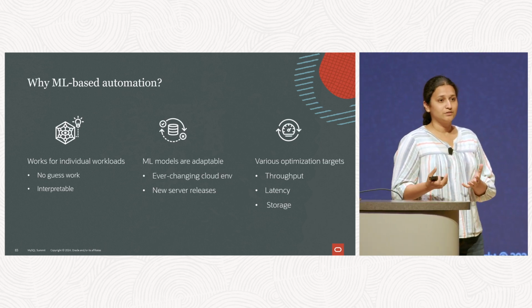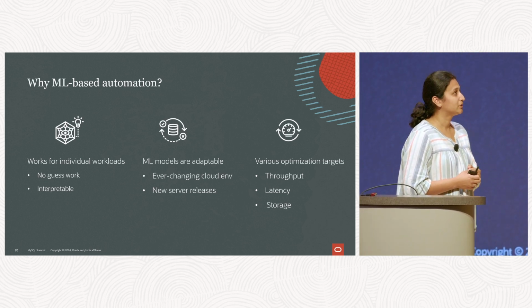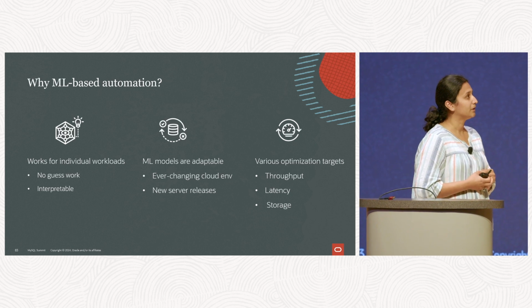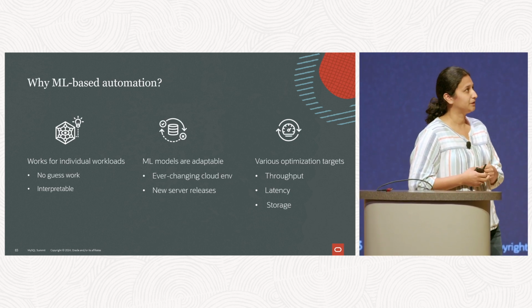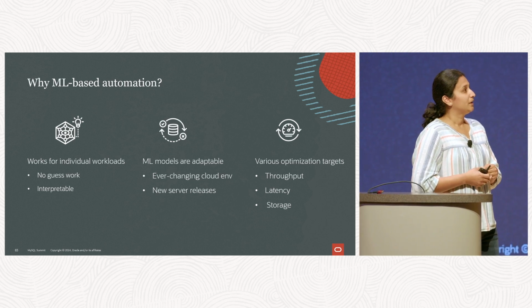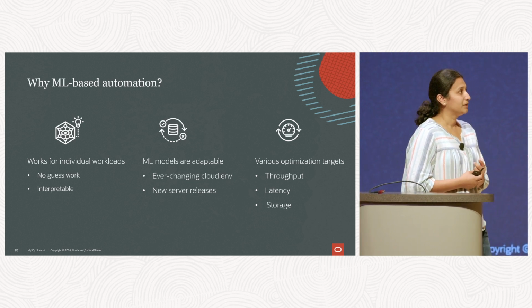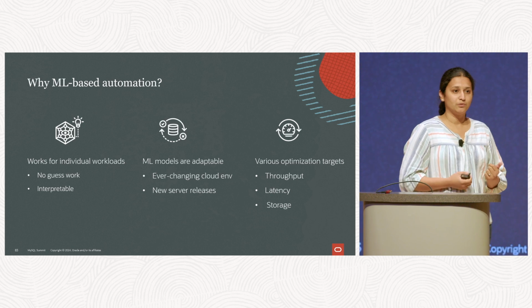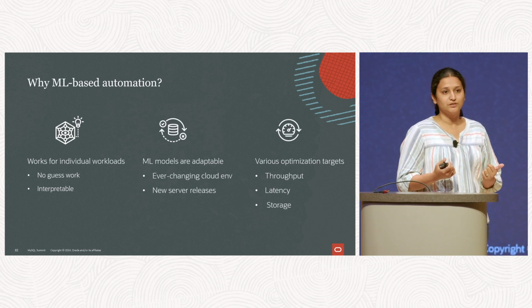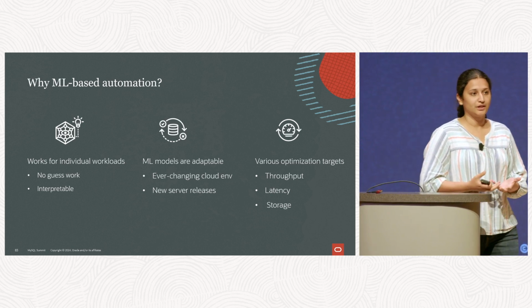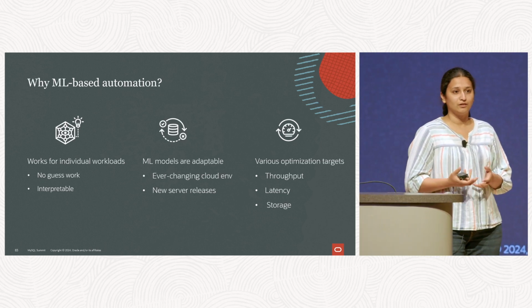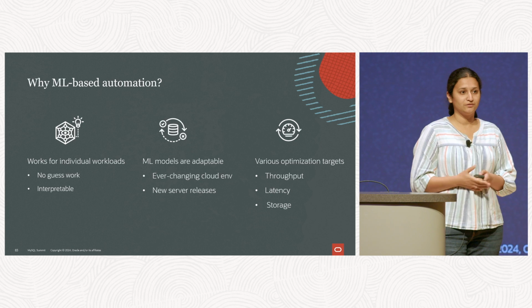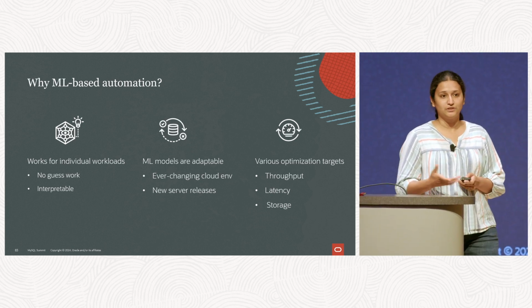They're customized to the individual workload, so based on the workload, the recommendations are generated, and it provides interpretability as well. The second point is really important, because if you change the shape or upgrade the server version, then the underlying performance characteristics might change. Since these ML models are trained on a wide variety of data sets, they are able to adapt to these changes for you.